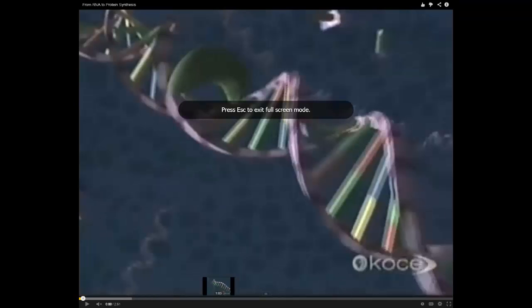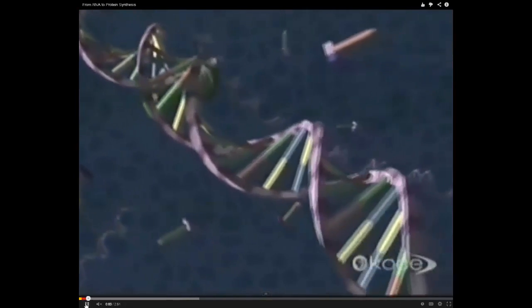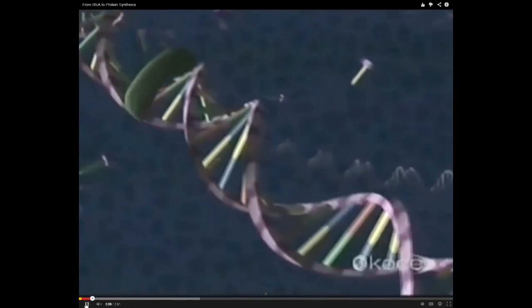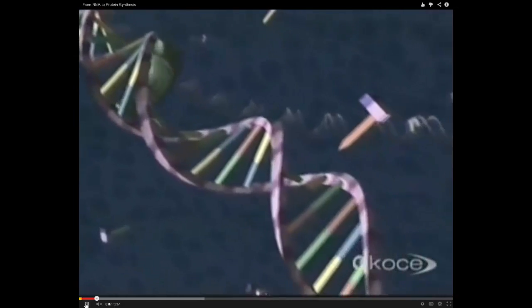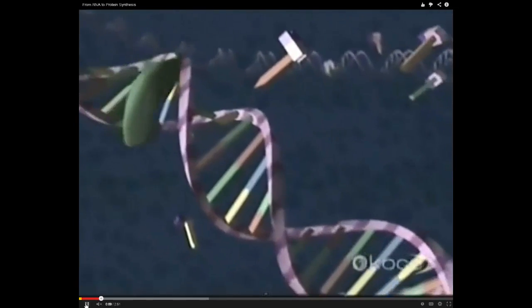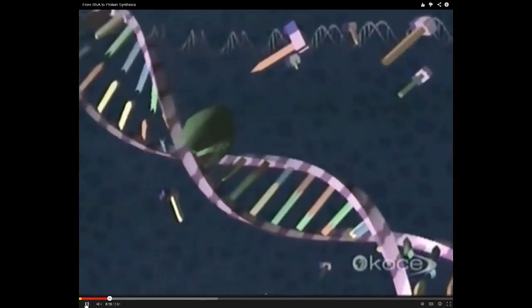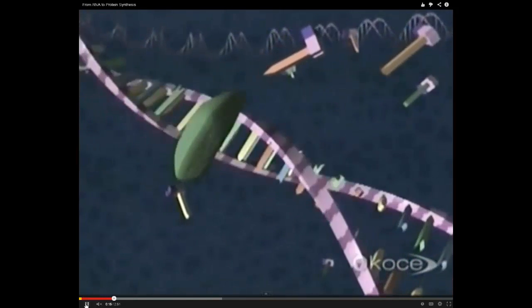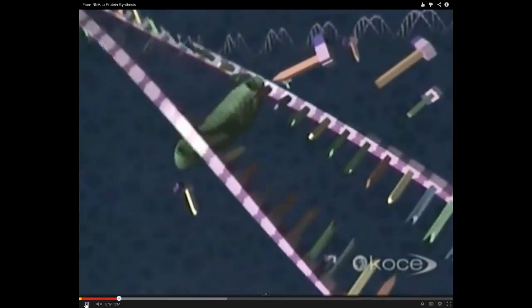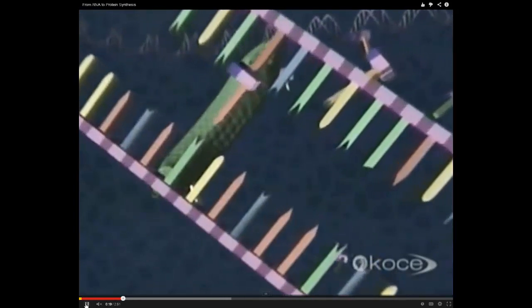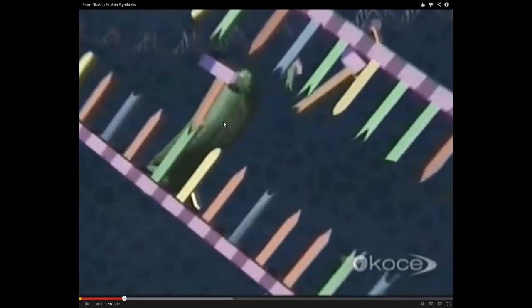So what we see here is a DNA molecule. It's in the nucleus, and when the cell is signaled to make a protein, we're not going to go into the process of what signals protein synthesis, but when it comes time to make a protein, the enzyme that we just saw acting to unwind this DNA molecule, remember, was helicase.